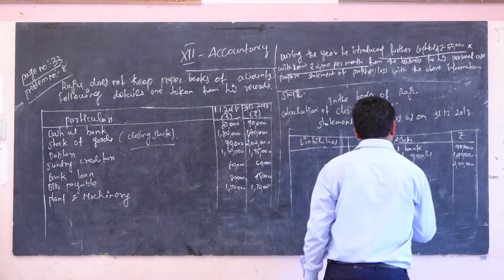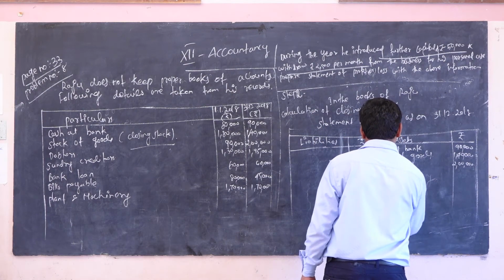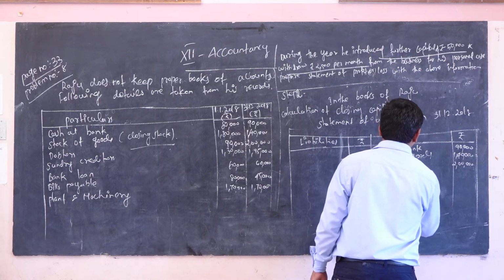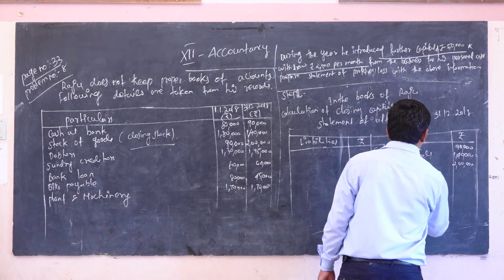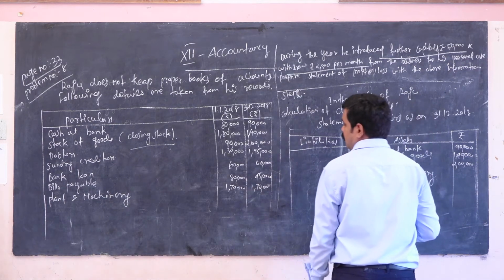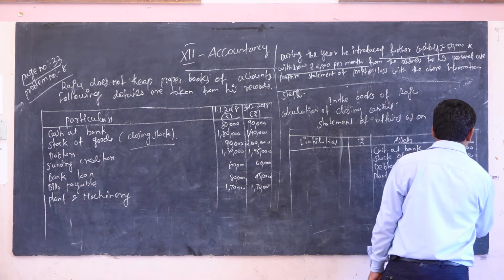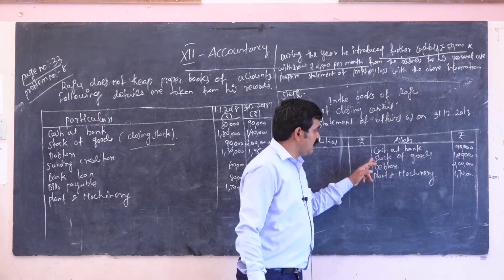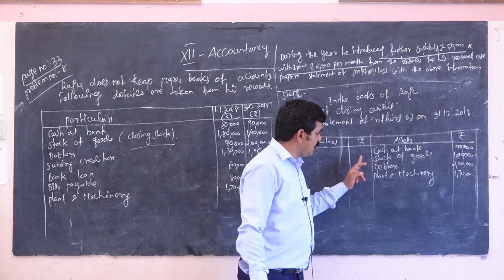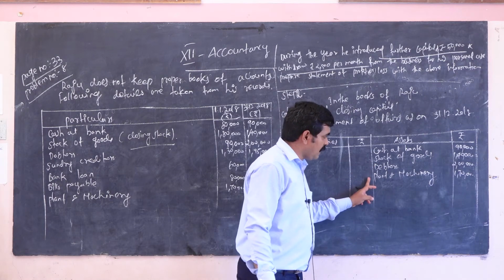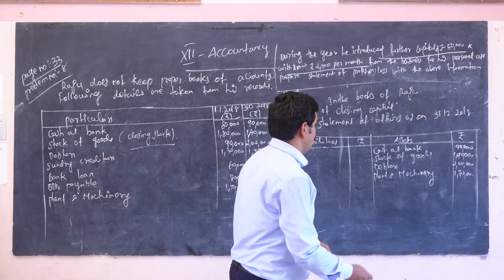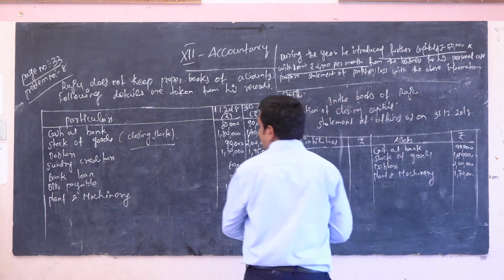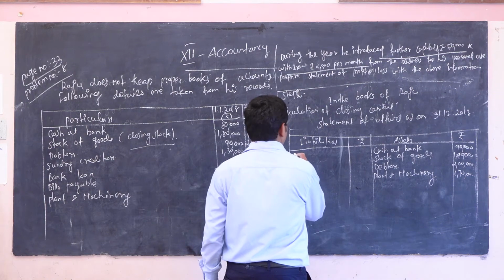Then plant and machinery is one of the assets, that is called fixed asset. Plant and machinery 1,70,000. This is the current asset, and debtors also current asset. The plant and machinery is a fixed asset. So here I have listed all the liabilities.